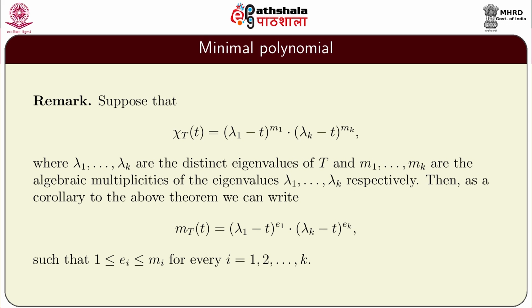Because of two things. One is that the minimal polynomial m T must divide the characteristic polynomial chi T, and we have proved that they have the same set of zeros. Therefore, the linear factors would be the same. The only difference will be in the powers of the linear factors in the factorization of these polynomials.